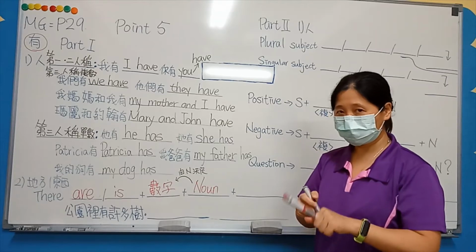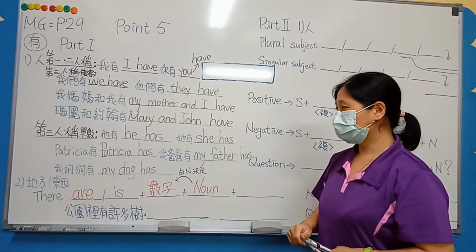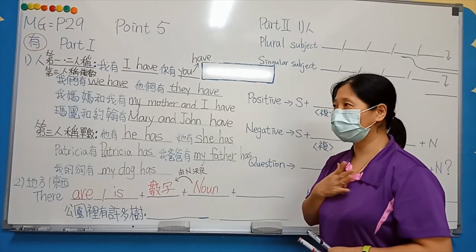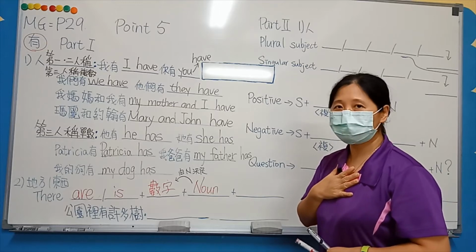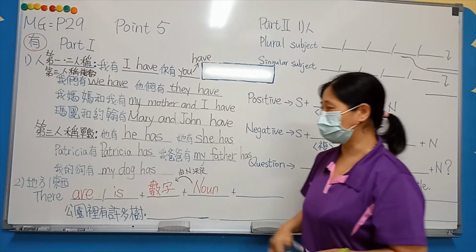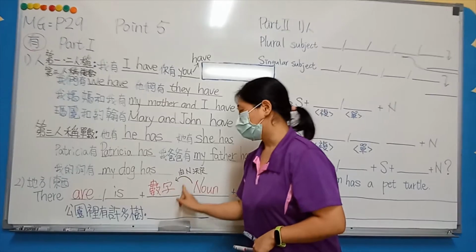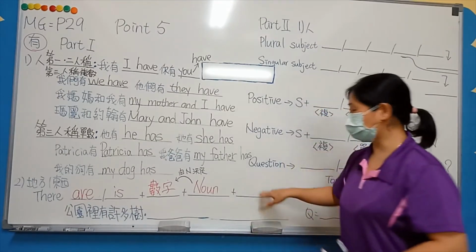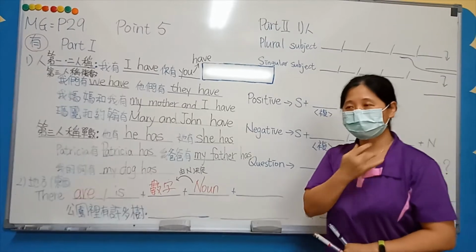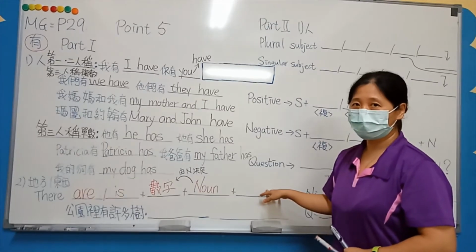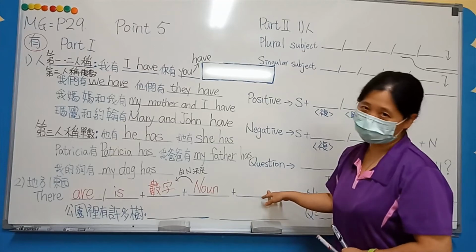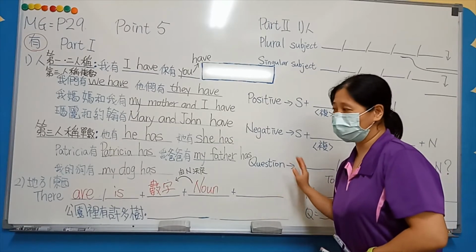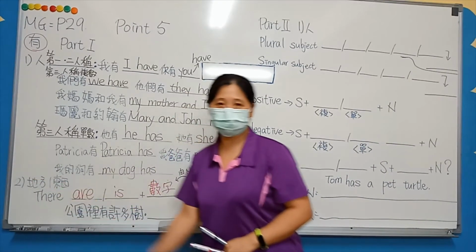Can you understand? Okay, so if you say, just like what I told you, 教室里有5个学生, so there are 5 students in the classroom. So what do you need to write here? Do you remember? I just said, right?